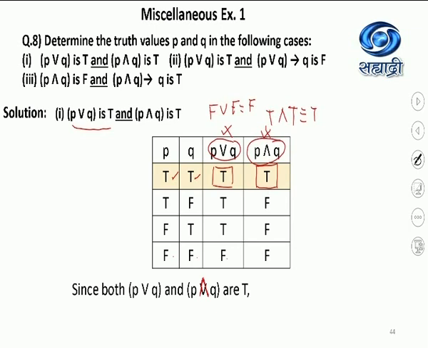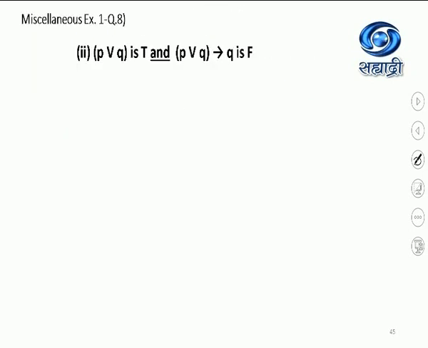P is T and Q is also T. So from the truth table, I can conclude that the truth values of P and Q are T and T.